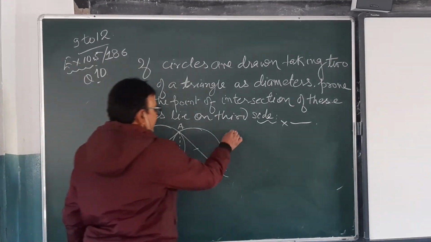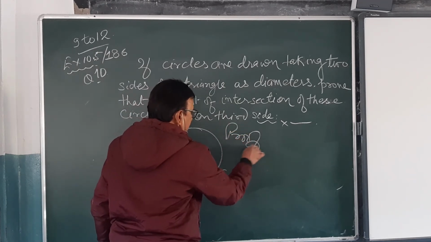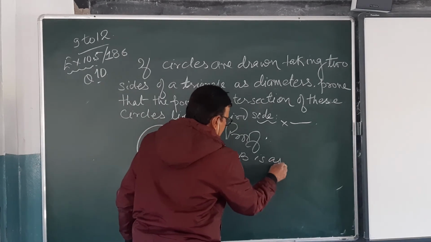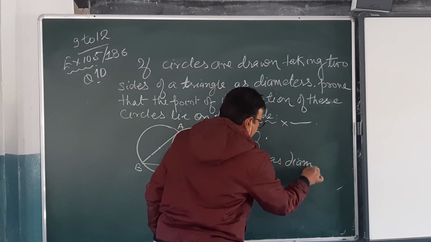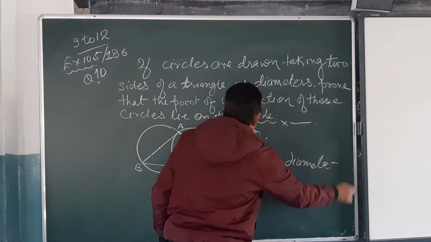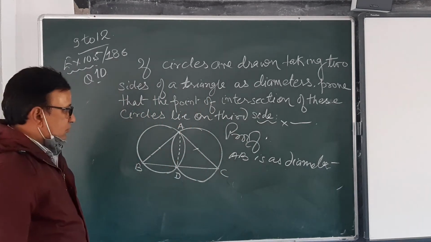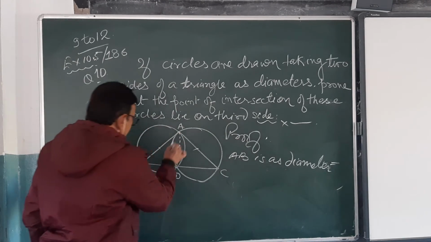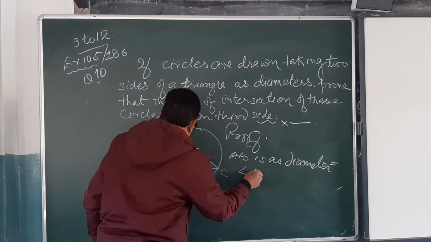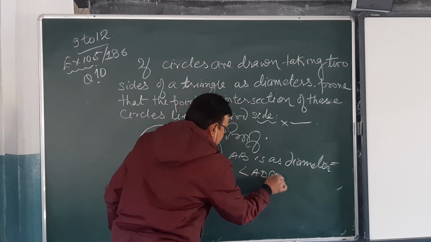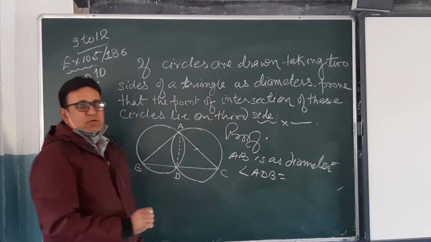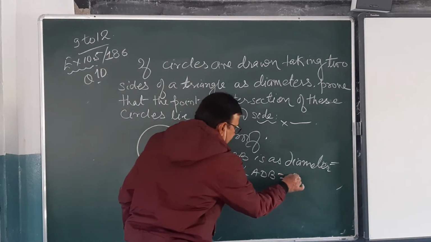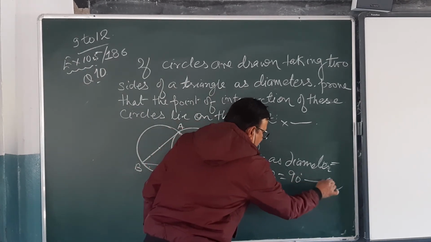The proof is very easy. You can see here, AB is the diameter. Complete the triangle. So angle ADB is how much? 90 degrees. Angle in a semicircle is 90 degrees, a right angle.